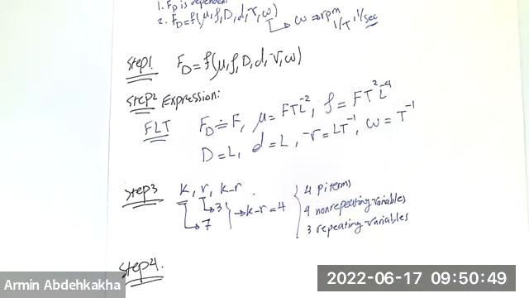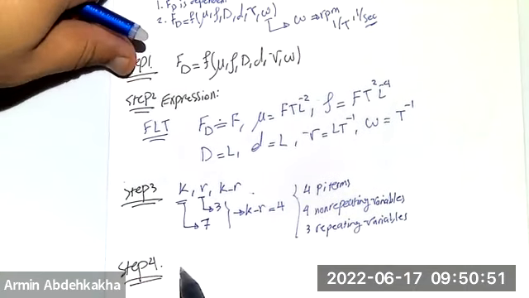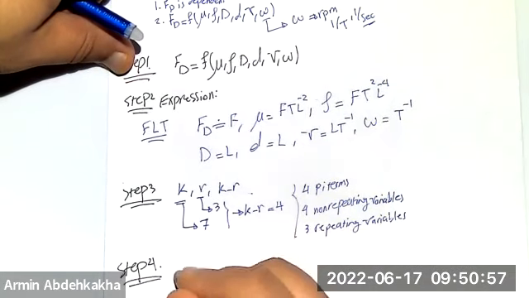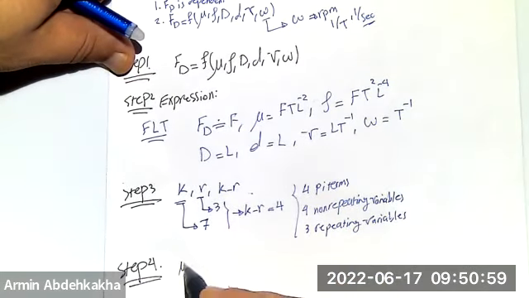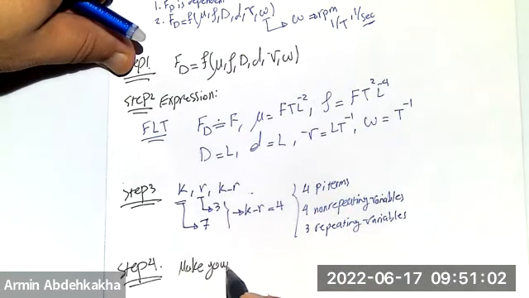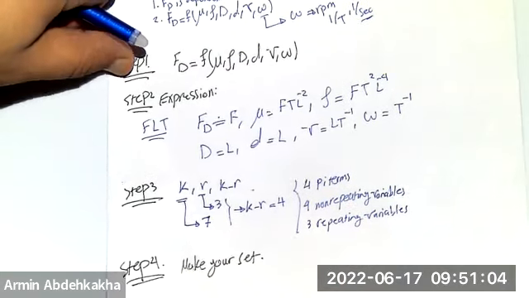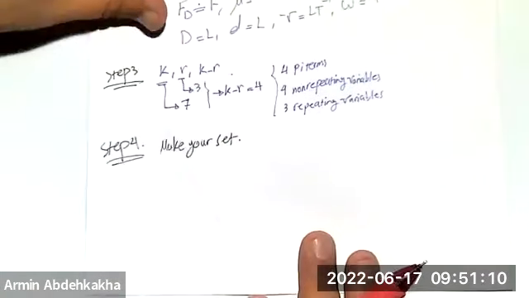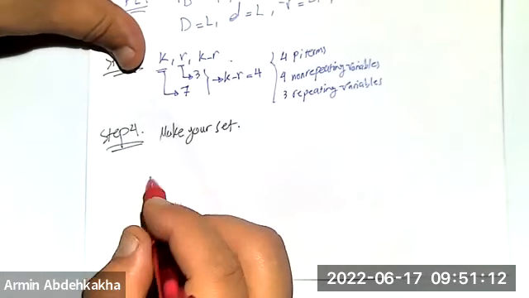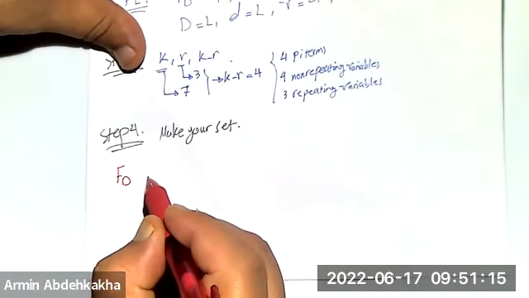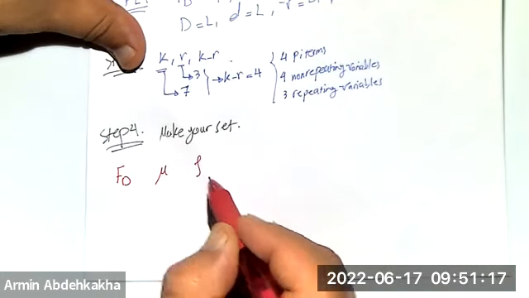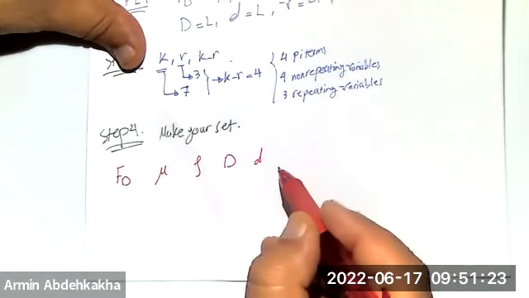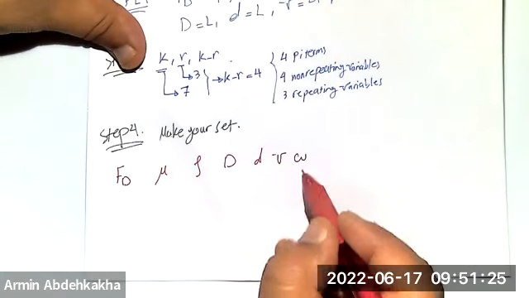Step 4: make your set. To do this, we'll write FD, mu, rho, D, d, V, and omega.